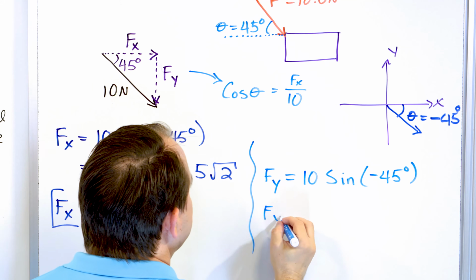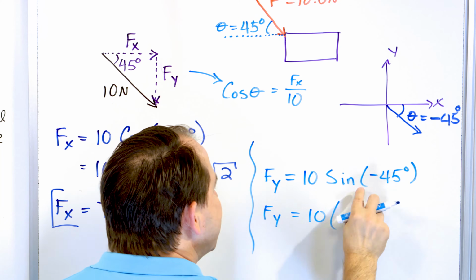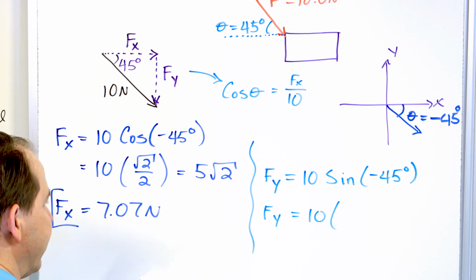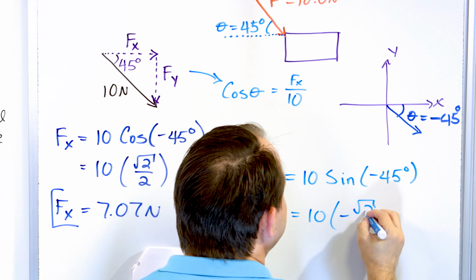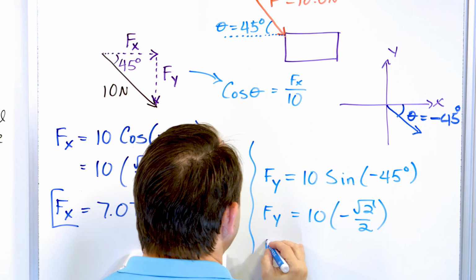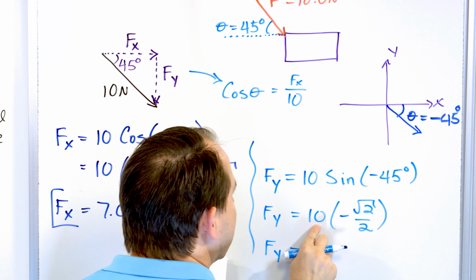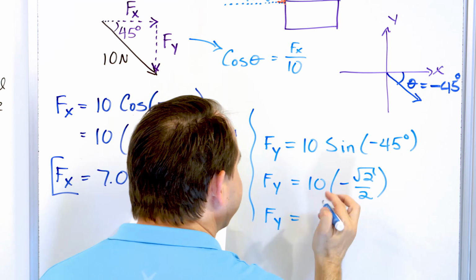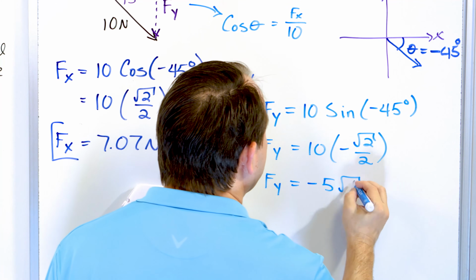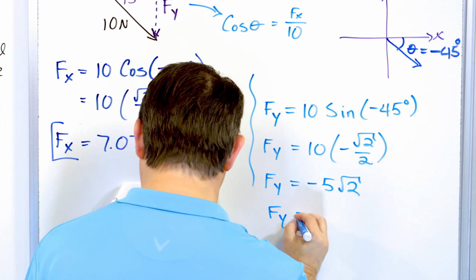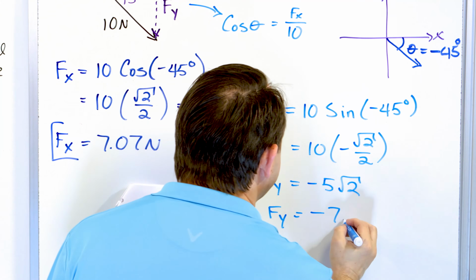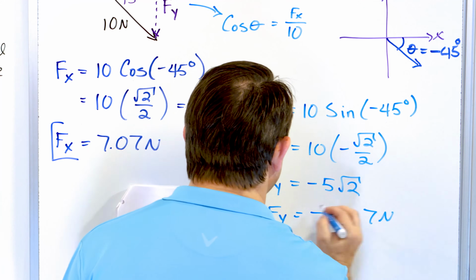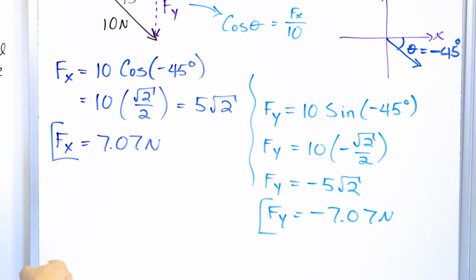The sine of a negative angle gives me a negative answer, and what you get is a negative square root of 2 over 2. So 10 divided by 2 is 5, but the negative sign means you have negative 5 times the square root of 2. And so what you have here is negative 7.07 newtons. And this is the vertical component of that force.